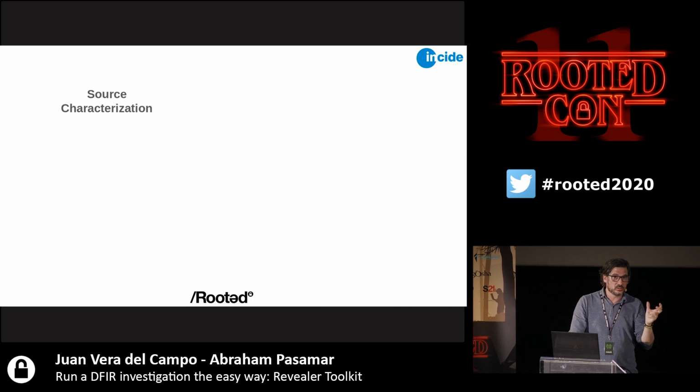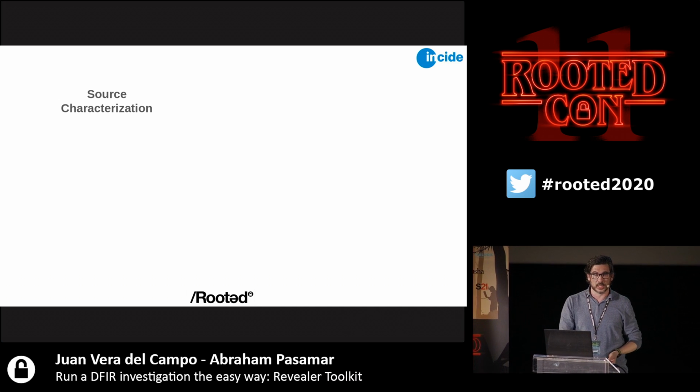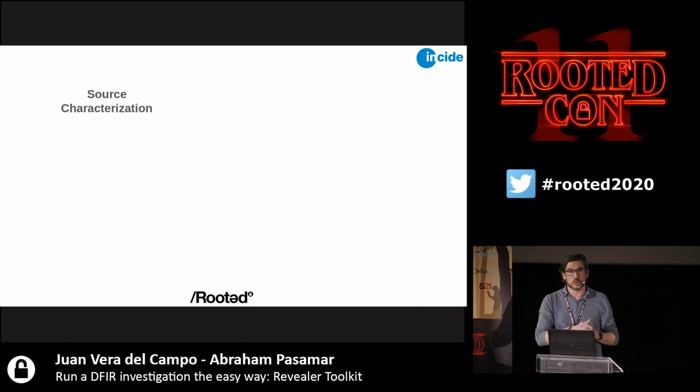Just in order to include the case investigation, first of all, we would need the source characterization. There was a case where we took for granted that the image we saw was correct. There's a team that has contributed a forensic image, and is it possible to conduct the investigation just with these models?